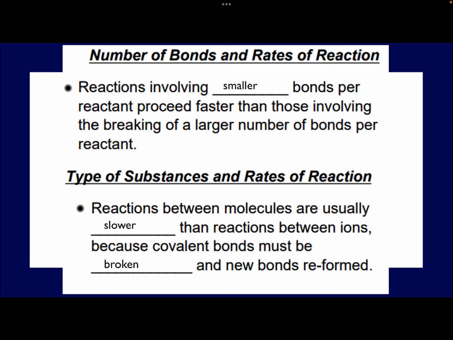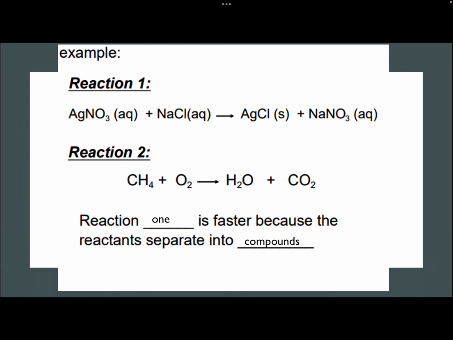And then if we look at the type, reactions between molecules are usually slower than between ions because those covalent bonds must be broken and new bonds have to be reformed. So these three factors are really important when we're looking at the successful collision and activation energy.